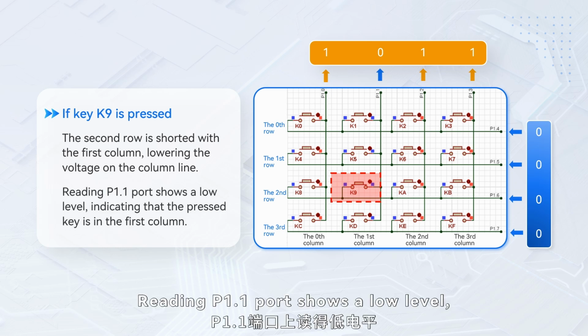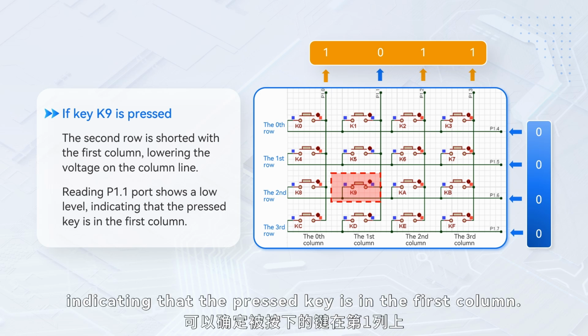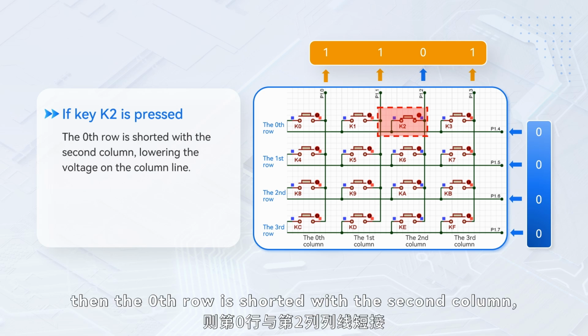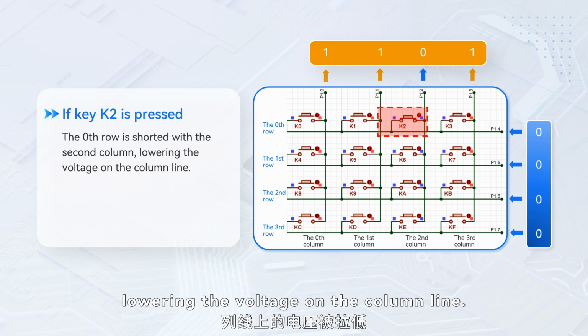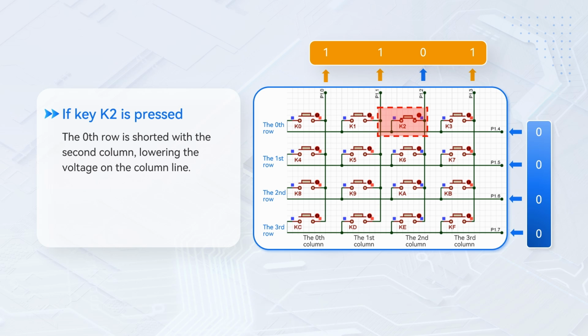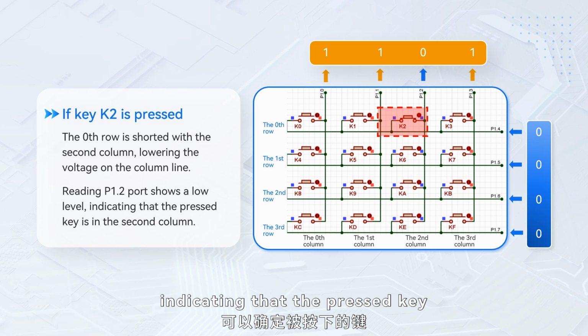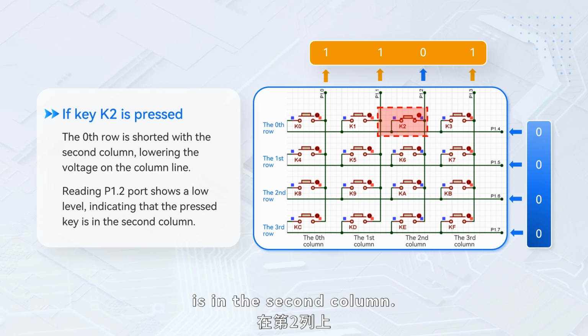Reading P1.1 port shows a low level, indicating that the pressed key is in the first column. If K2 is pressed, then the 0th row is shorted with the second column, lowering the voltage on the column line. Reading P1.2 port shows a low level, indicating that the pressed key is in the second column.